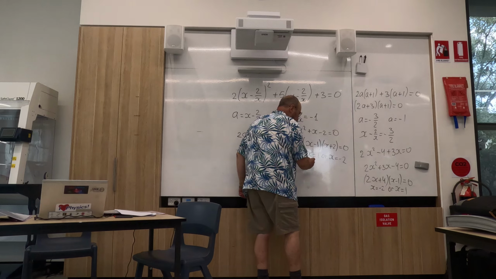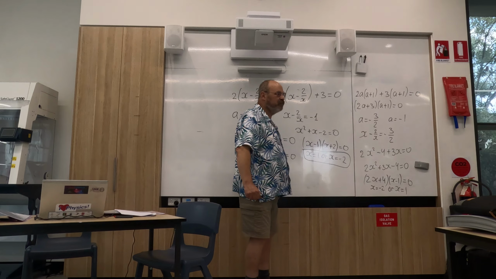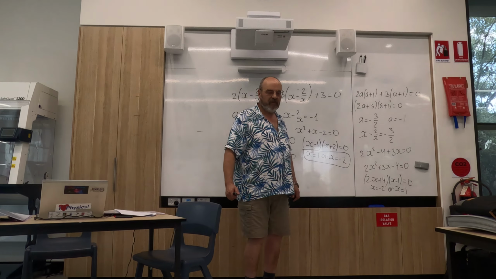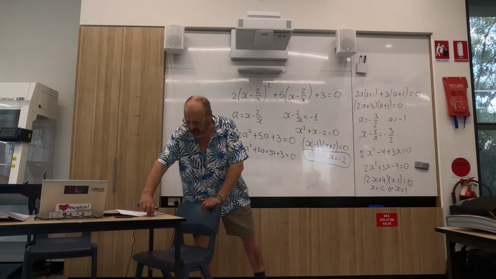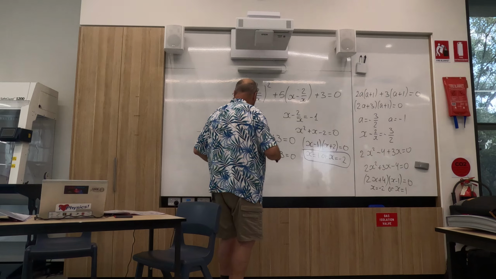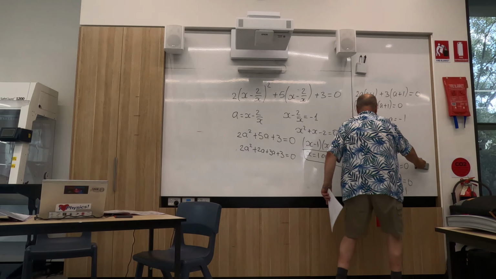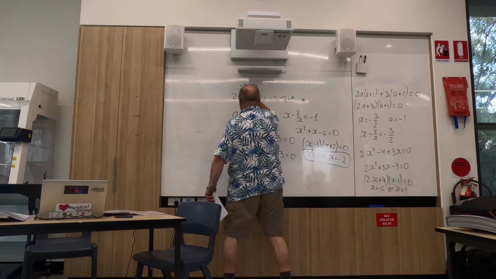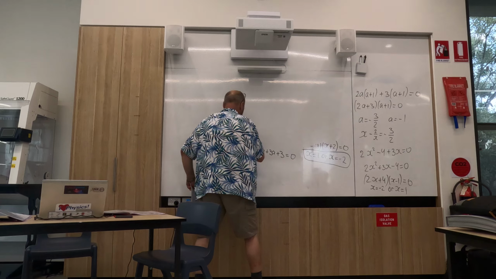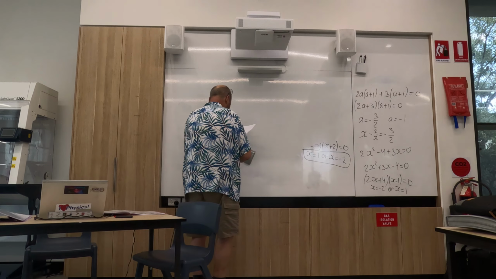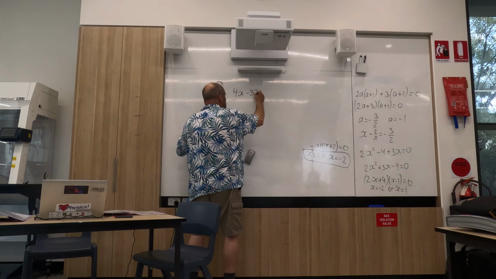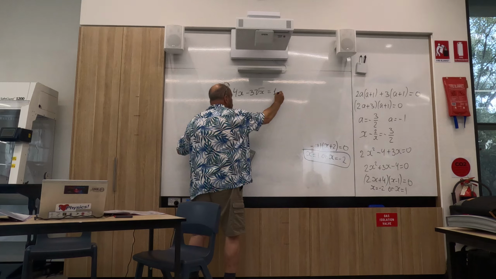So the solutions to this equation are these. Make sense what I'm doing? Yes. And one more last example. Let's consider the next equation: 4x minus 3 root x equals 1.